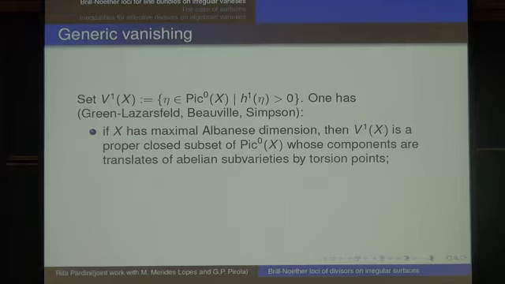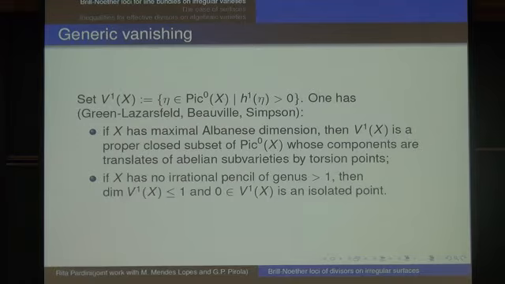And then I think the fact that these translates are by torsion points is due to Simpson. As I was saying, we will not exploit this fact at all, but I find it so striking that I had to write it down, because I think it's a very, very deep result.